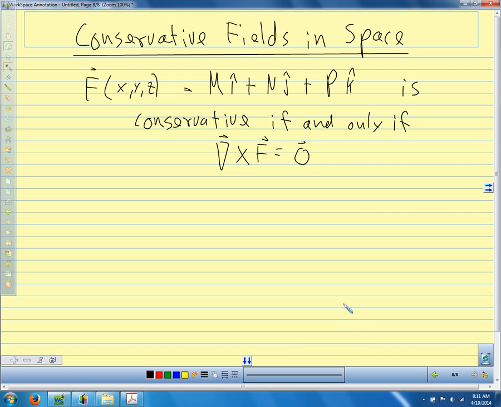So if our curl is 0, if our field is irrotational, then our field is conservative, and it is the gradient of some potential function.